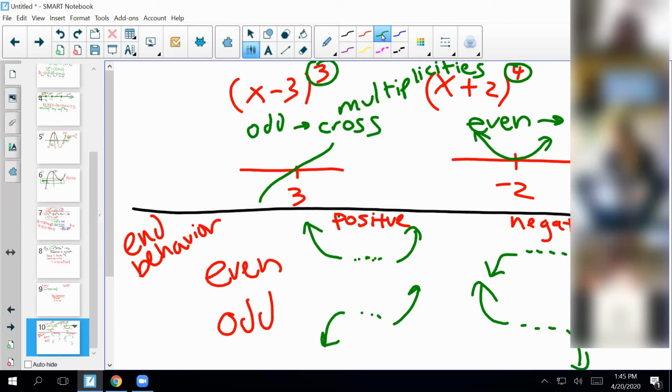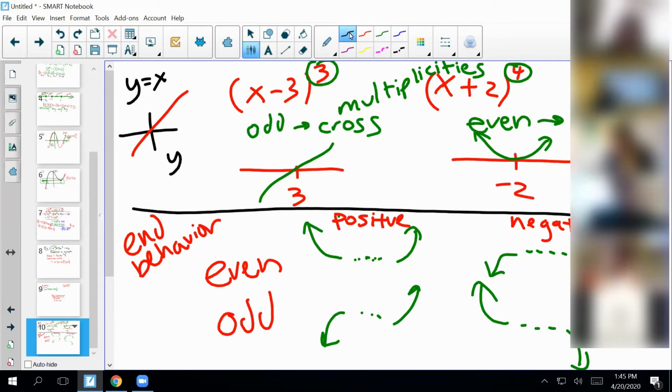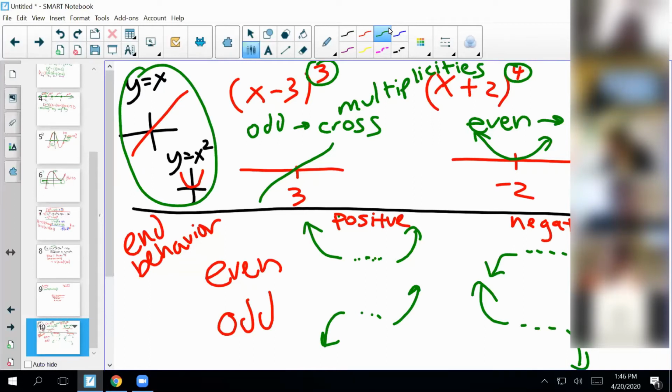The way I think about this whole slide is going back to even more basic algebra. I know the graph of y equals x looks like this. And I know the graph of y equals x squared is a parabola. It looks like this. If you can just remember this, all of this stuff is kind of just variations on it.